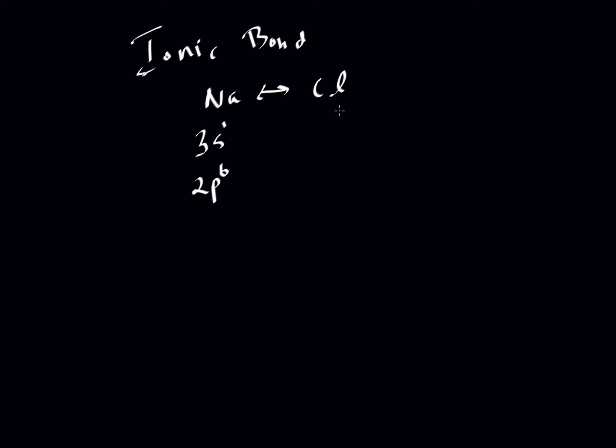structure of 2p6, whereas chlorine has a 3p5 in its outermost shell. If it can only find some way to get another electron from somewhere else, then it would have a 3p6. This outermost electronic state is characteristic of neon, and this one is characteristic of argon.